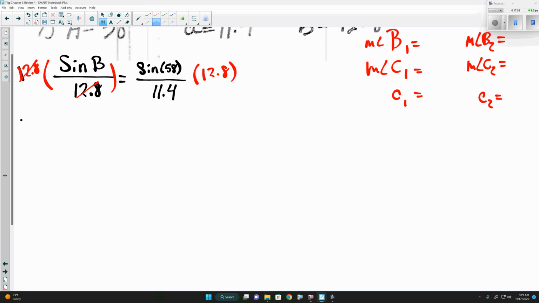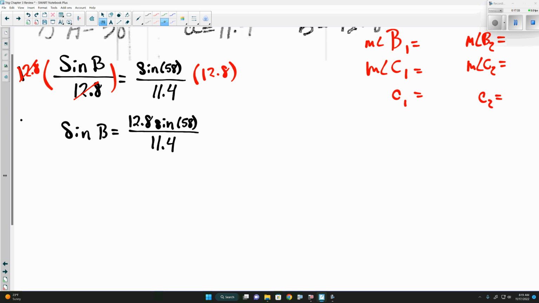These will cancel, telling us that sine of B is equal to 12.8 sine of 58 over 11.4. Is there a chance 12.8 and 11.4 will simplify? Maybe. But the calculator will do it for us, so there's no real point in trying to simplify at this point. Let's wait till the end.